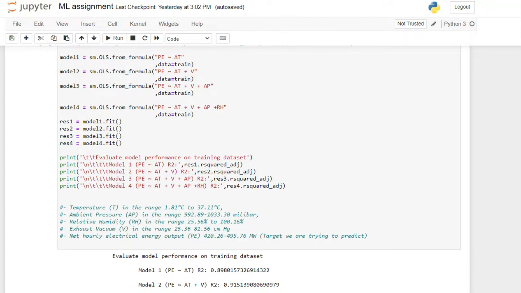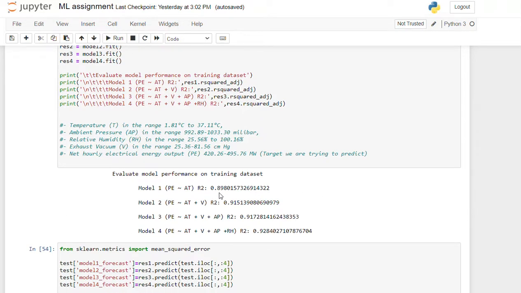So once we've created these models, we look at the adjusted R square of these models, which is essentially the percentage of variation in power output that can be explained by the given model. As you can see, model 1 can explain 89% of variation in power output using just ambient temperature. The second model, which uses temperature and exhaust vacuum, the accuracy goes up to 91.5%.